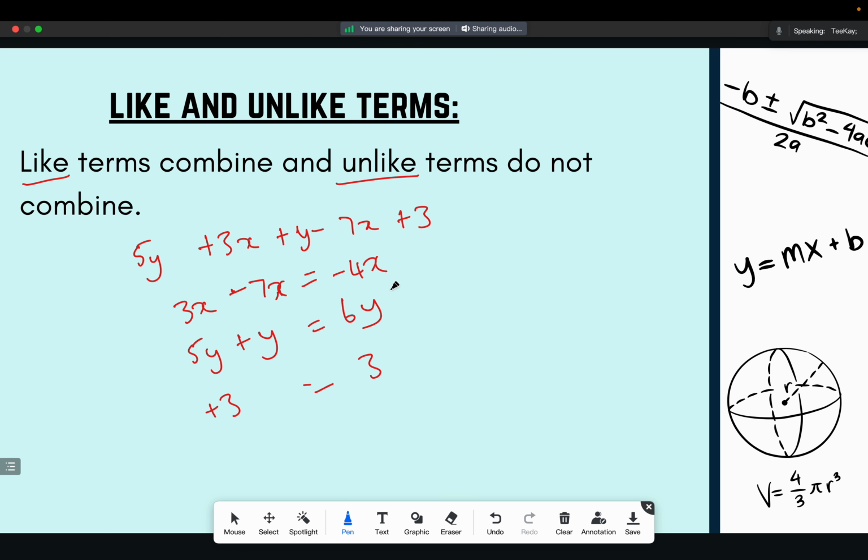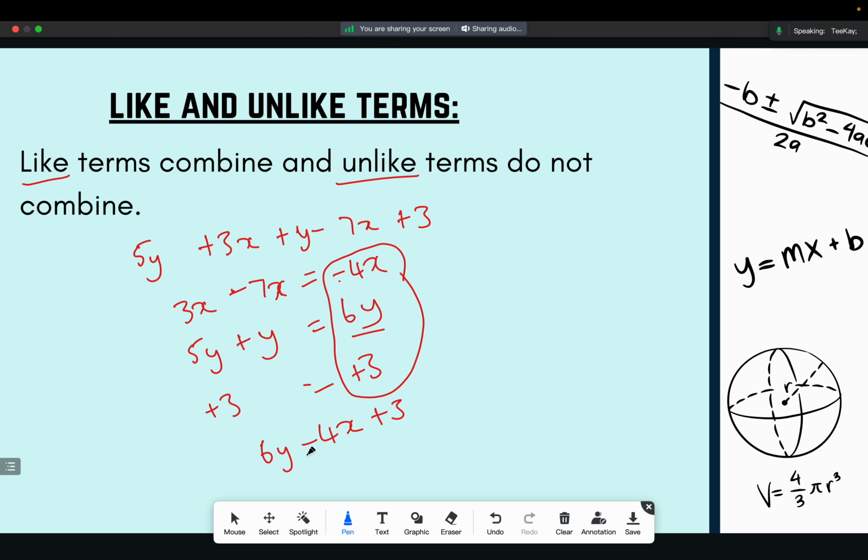So now that we dealt with our like terms, we can just bring this together and bring our expression back. It's good practice for me that if I write terms, the one with a subtraction sign, I will not start with that. So I'll start with this 6y minus 4x plus 3 because this is plus.